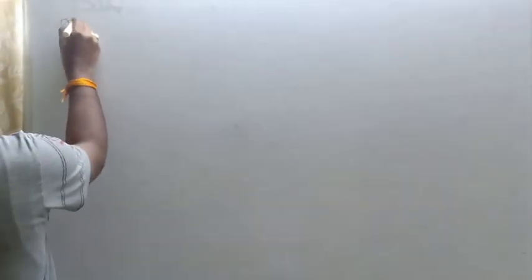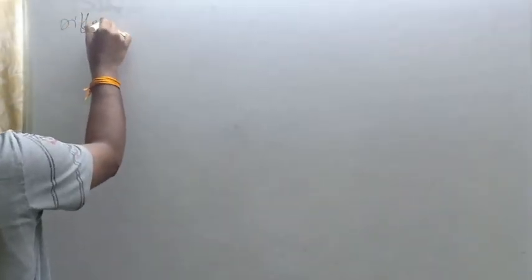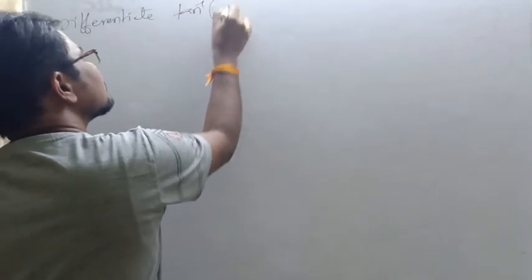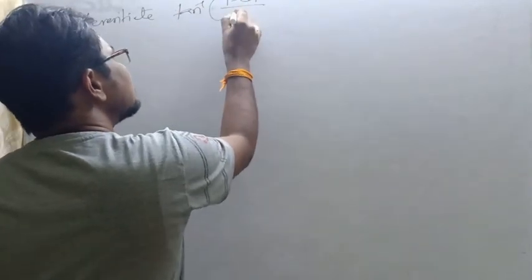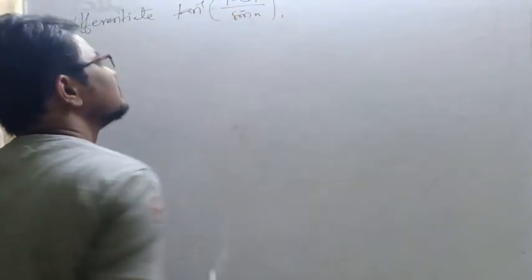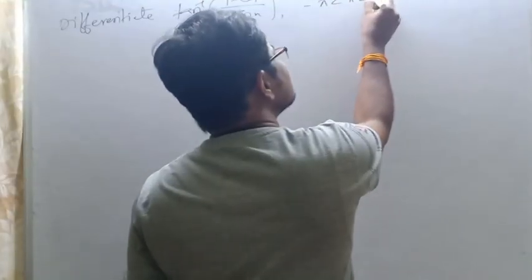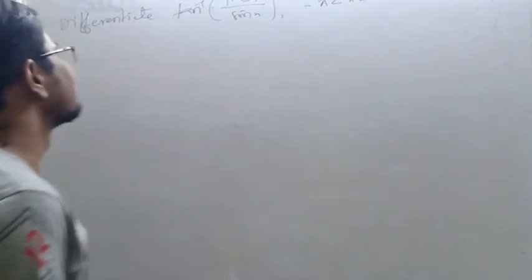Next, one more problem I will do. Differentiate tan inverse of 1 minus cos x by sin x in the given interval minus pi less than x less than pi. So how to do this?